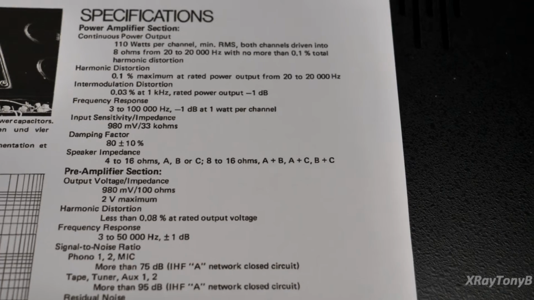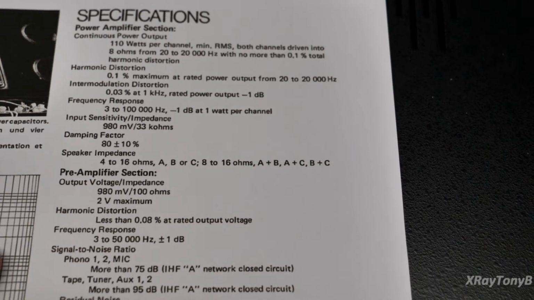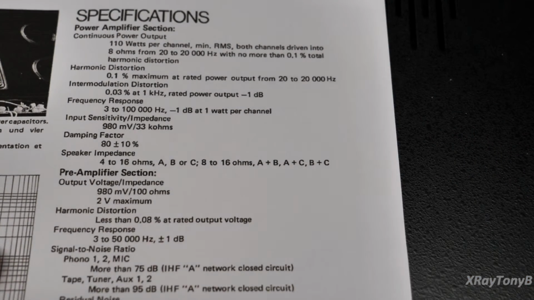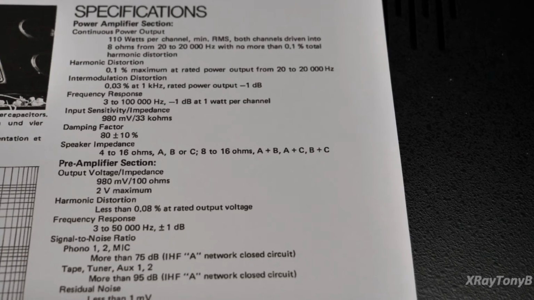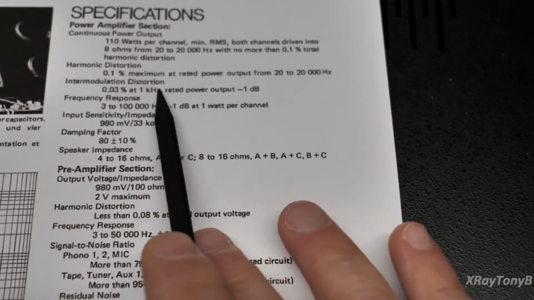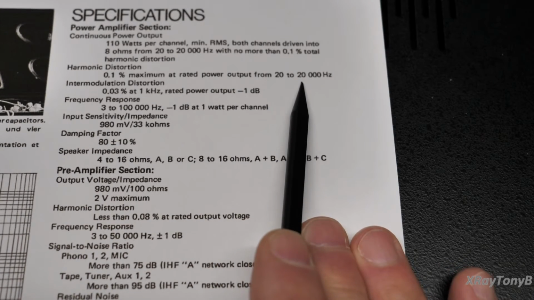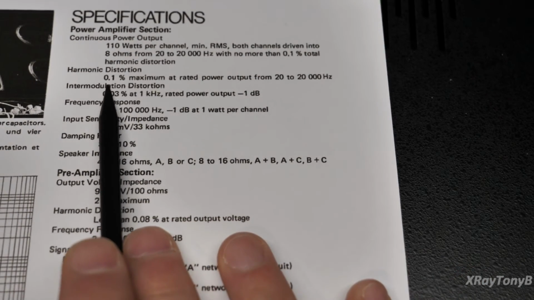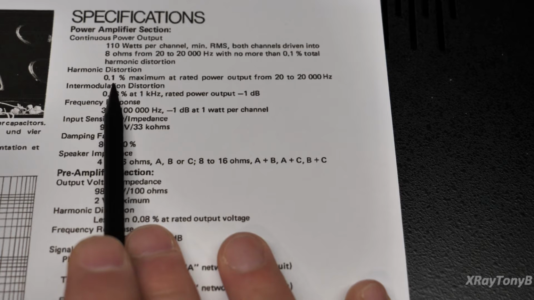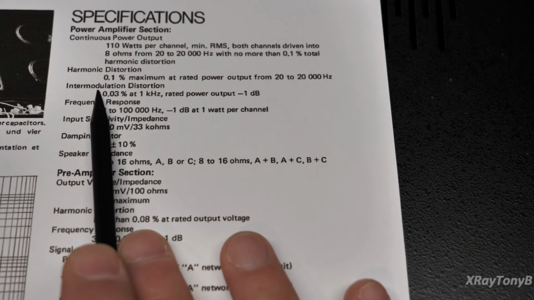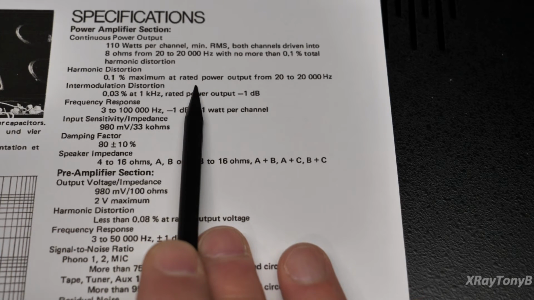Okay, I printed out the spec sheet for this amplifier, and let's look at a couple specs here. First of all, from 20 to 20 kilohertz, you should have about 0.1% THD at maximum rated power.